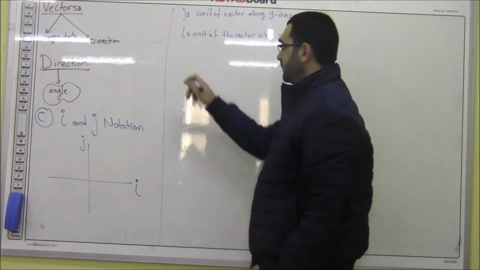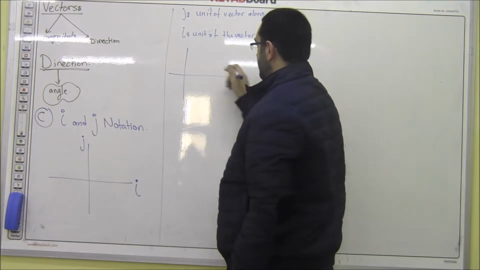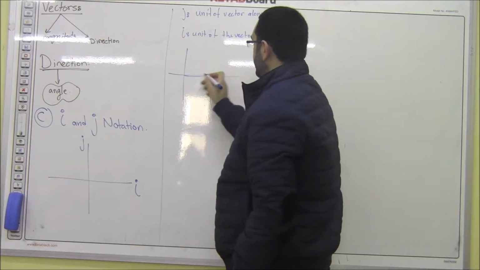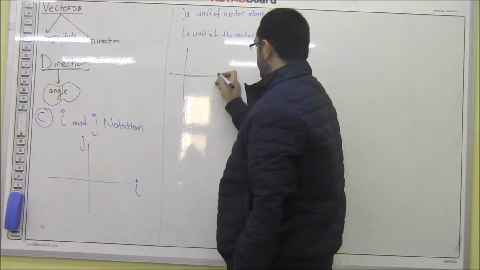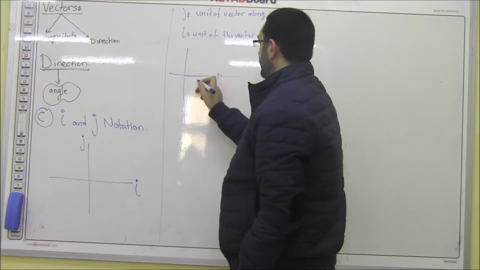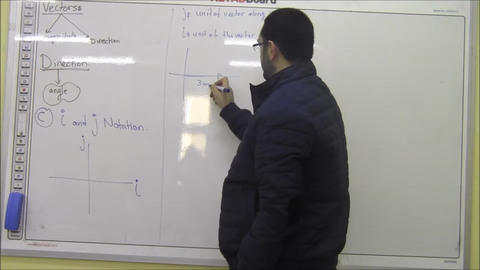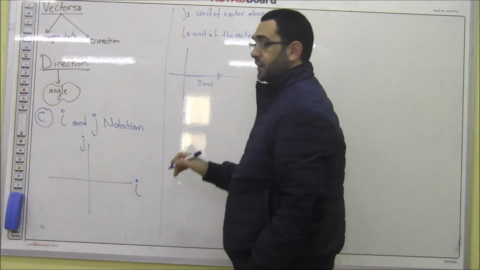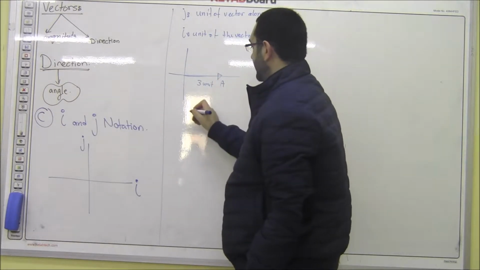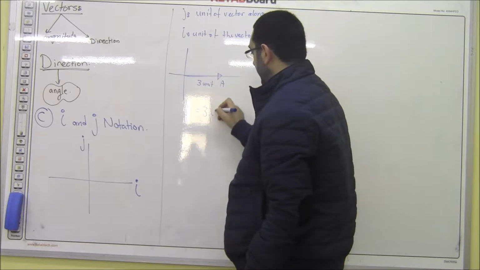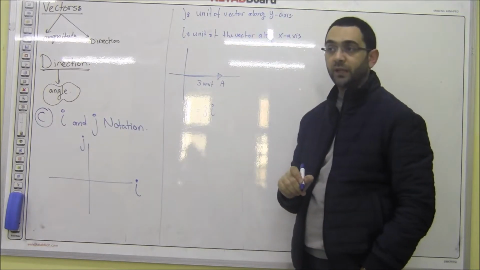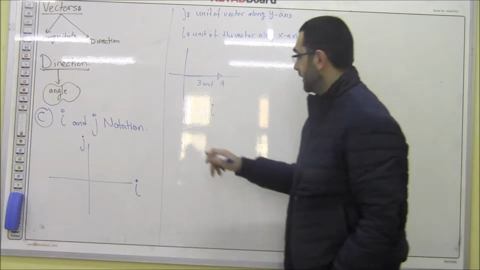In other words, pay attention please, let's take this example. If there is a force, or vector, whatever, and this vector has 3 units in this direction, I may write A equals 3I.